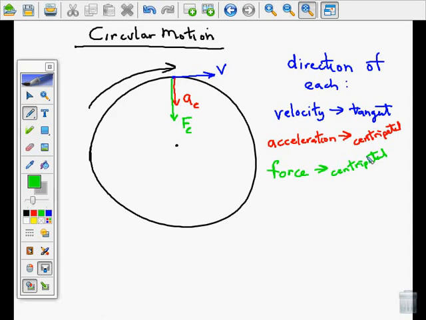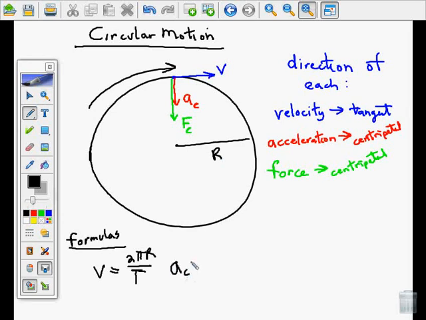And then the formulas to calculate those. To get that tangential velocity, it's the circumference divided by the period, v equals 2 pi r over T, where r is the radius of the circle, and T is the time for it to go all the way around once.